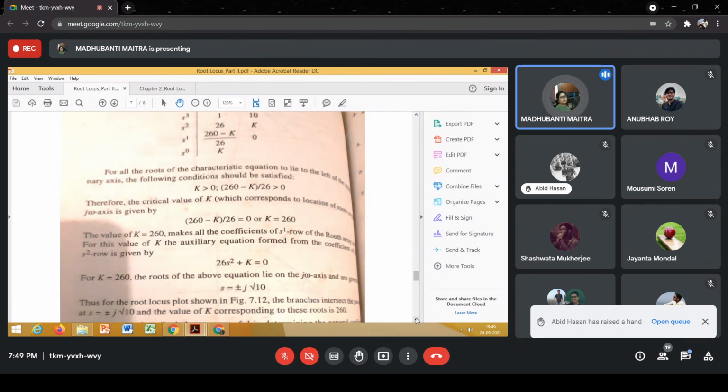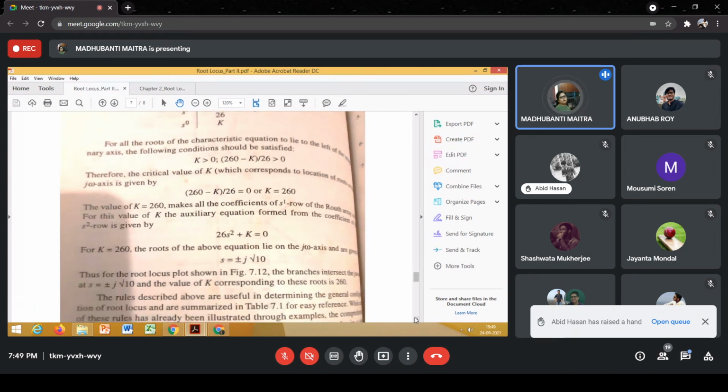So if the value of gain k is 260, that is the limiting value. For that particular value of gain k, the system will be limitedly stable, and hence this term will become 0. So this s1 row will contain all 0 terms, right? So with these elements, we can form the auxiliary equation, which will be given by 26 s square plus k is equal to 0.